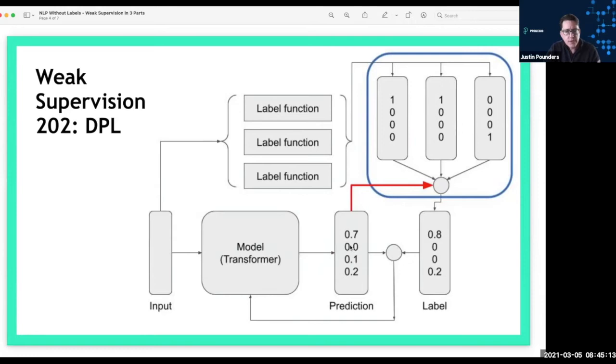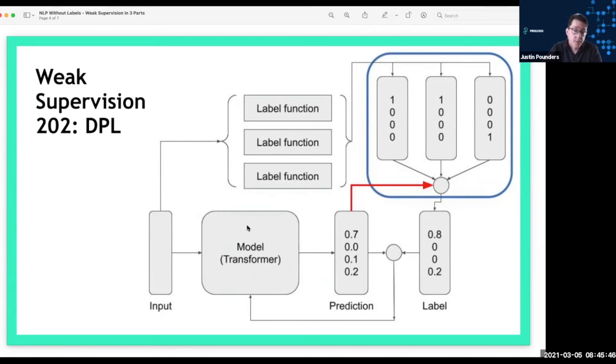So we're able to use the generalizability of the transformer model because it knows language quite well, and we can incorporate that as an extra piece of evidence. And what this will allow you to do is sort of pick up false positives. So in other words, if I see a sentence and my label functions did not label that sentence as being risky, but the model did, I would initially think that, well, maybe that's a false positive because my model is saying it's positive, it's risky, even though the label functions did not.